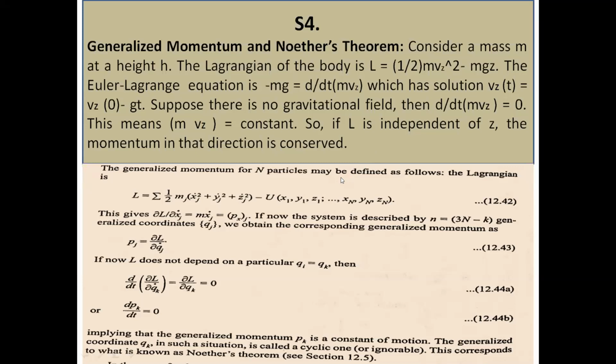If I extend it to a plane polar system, and r and theta are the variables, if the Lagrangian is independent of theta, then the corresponding conjugate variable, angular momentum, will be conserved.